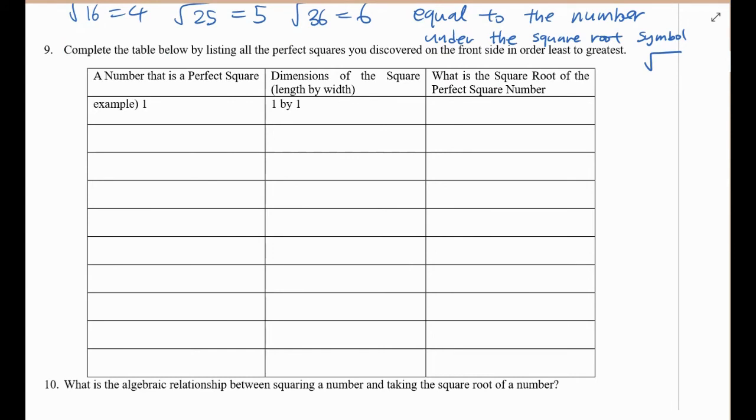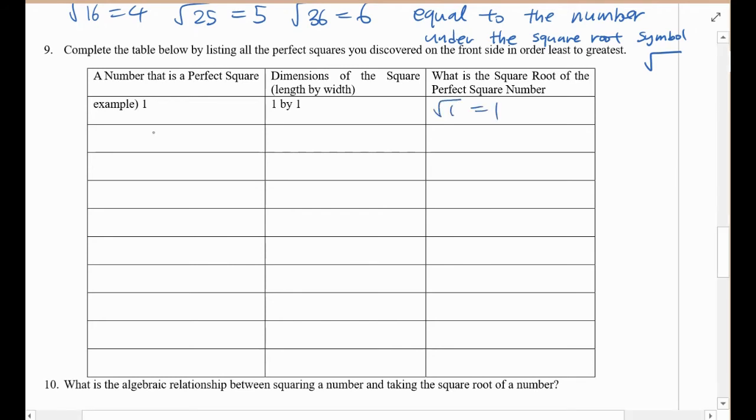Number 9, complete the table below by listing all the perfect squares you discovered on the front page in order, least to greatest. Okay, 1 is a perfect square, that is 1 by 1, and square root of 1 is 1.